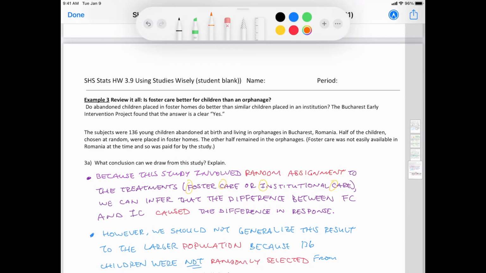The Bucharest Early Intervention Project found that the answer is a clear yes. Just to help you understand, an institution might just be a really big place to keep all of the orphans, versus foster care, where they're placed in individual small homes.